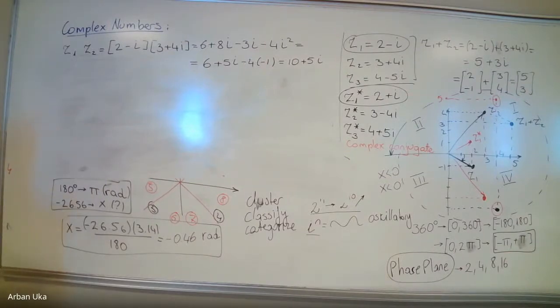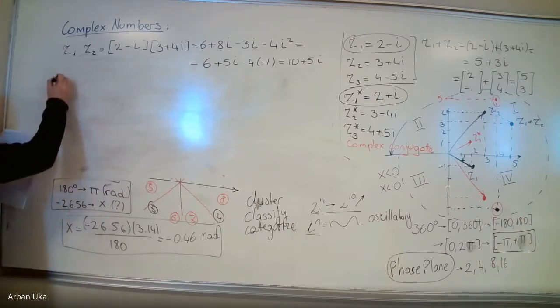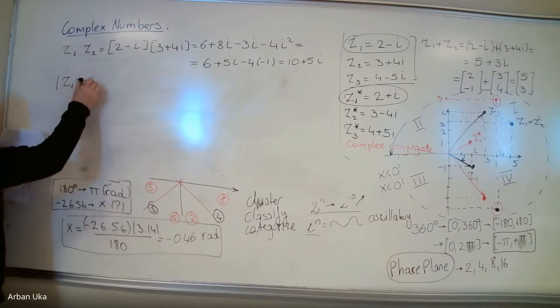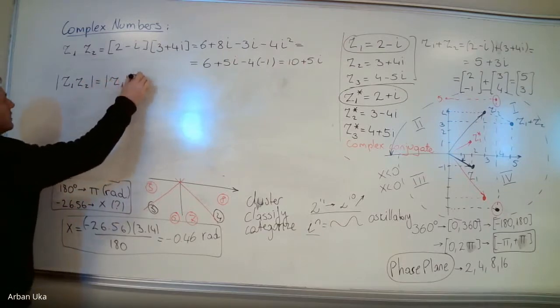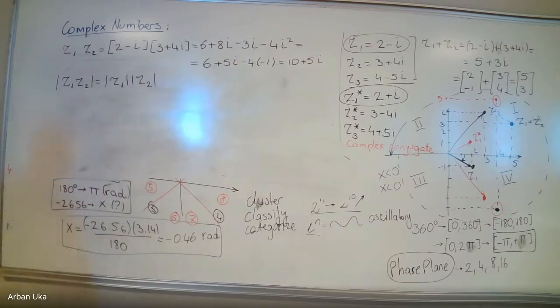And we also have some important relationships, which are the following. The modulus, or the magnitude, of Z1 times Z2 is equal to the magnitude of Z1 times the magnitude of Z2. Okay, this is a property of complex numbers. It's a very useful one.